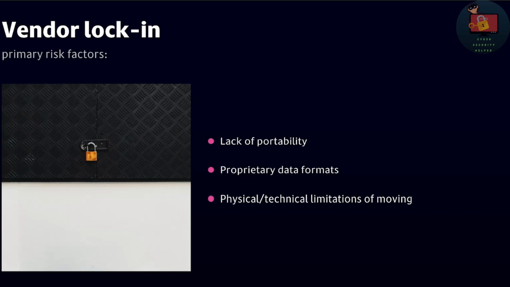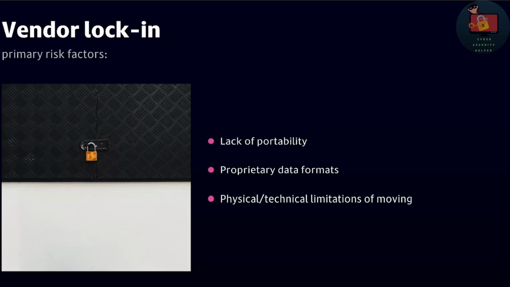You don't necessarily want to think about breaking up. You don't necessarily want to think about, oh, are we creating a dependency by using this cloud vendor? Do we really investigate whether we can easily remove our data?